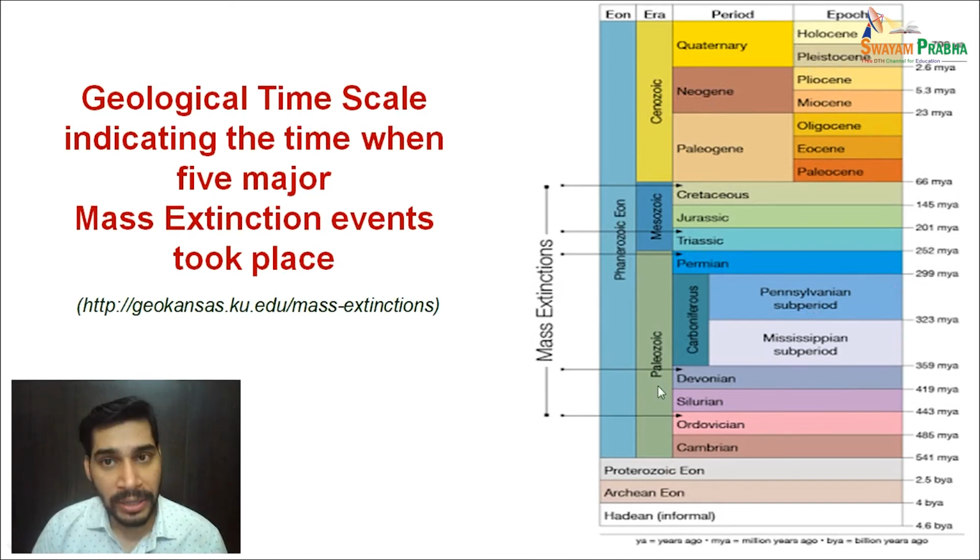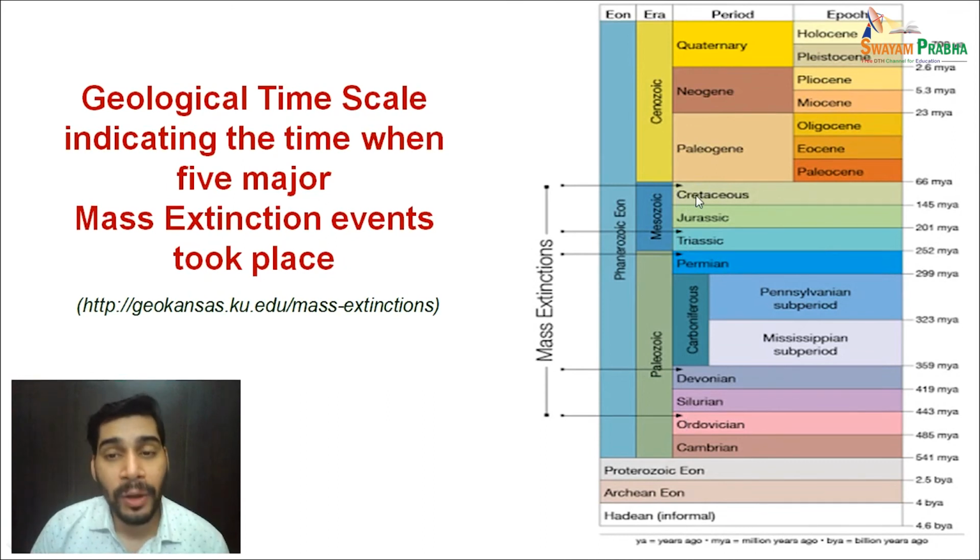In Paleozoic era, the first mass extinction event that took place was at the end of Ordovician period. The second one was at the end of Devonian period. Third one was at the end of Permian period. Fourth one at the end of Triassic, and the most recent event that took place was at the end of Cretaceous.